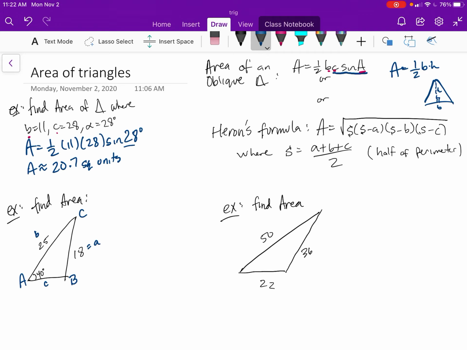Now, even if we had the other two, we'll go ahead and write them. Okay, if I have lowercase b and c and big A, I could use the first one.